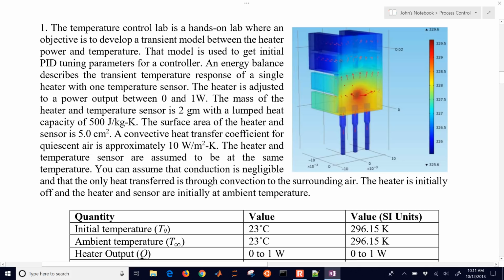The mass is 2 grams, the overall heat capacity is 500 joules per kilogram Kelvin, the surface area is 5 centimeters squared, and the convective heat transfer coefficient is 10 watts per meter squared Kelvin. We're going to assume that everything is at the same temperature.